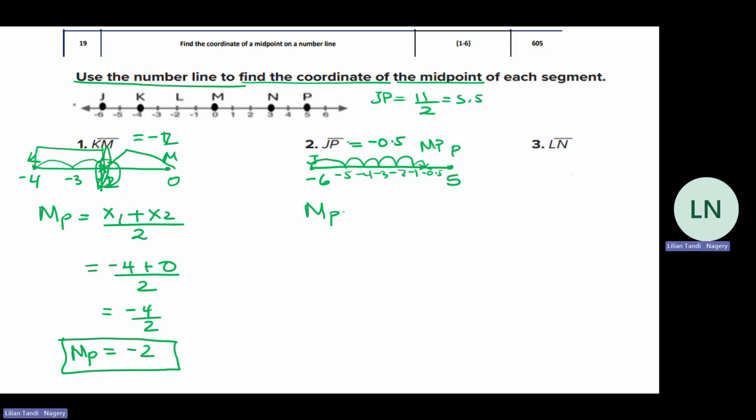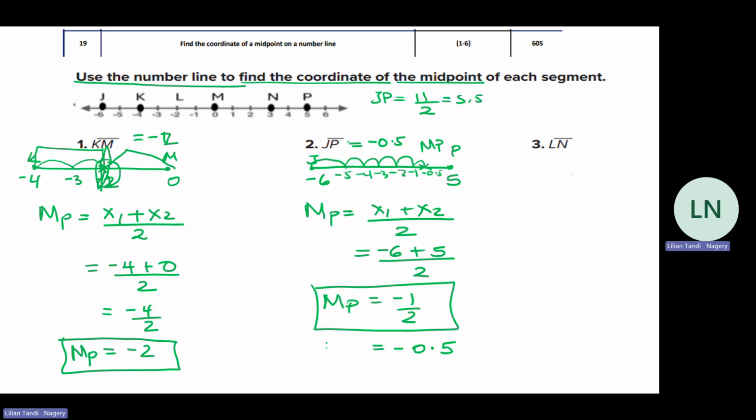So MP equals x1 plus x2 divided by 2. x1 is -6 plus 5 gives me -1, divided by 2, or -0.5, or -5/10. And then I write MP here and here.